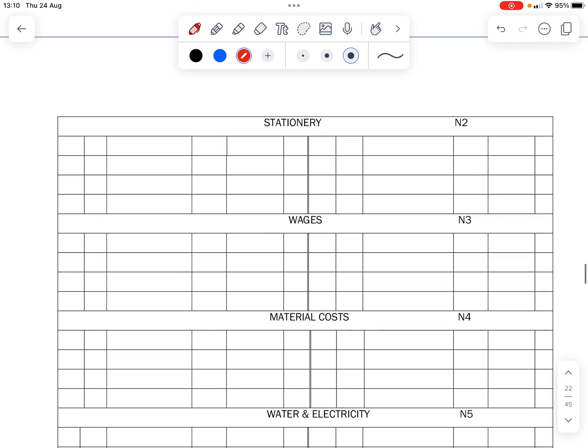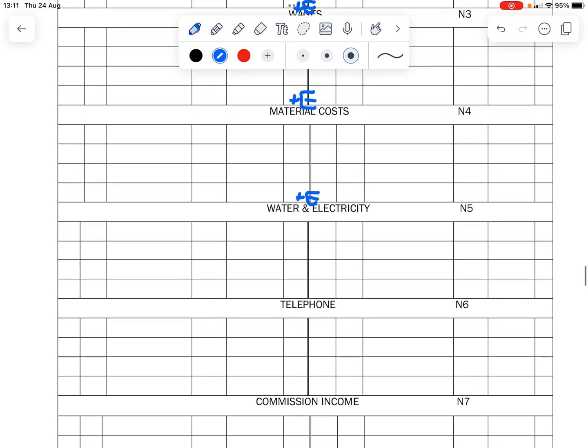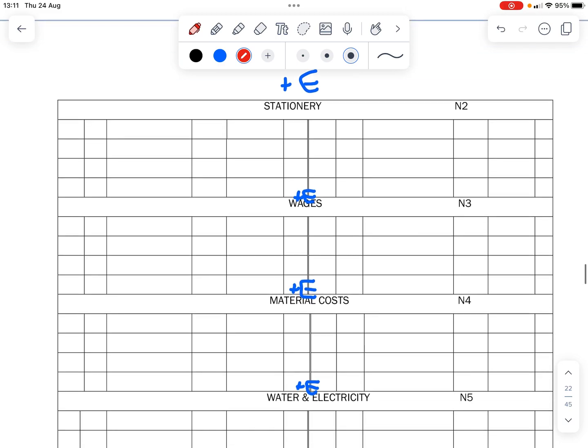If we think about stationery, which is an expense, wages, also an expense, material costs, an expense, water and electricity, an expense, telephone, an expense, and lastly, commission income, an income, that will show us which sides of the ledger we can use.